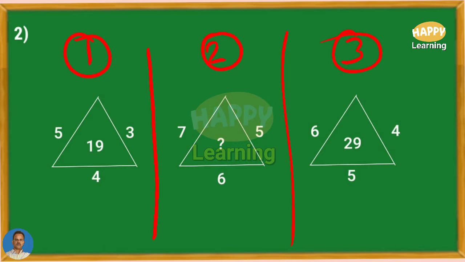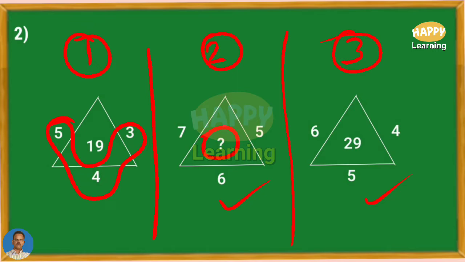So we need to find the relation between the three numbers outside this triangle and the number at the center of this triangle. If the logic is found, it should be applicable to the third diagram also. Then we can apply it to the second diagram to find out this question mark value.